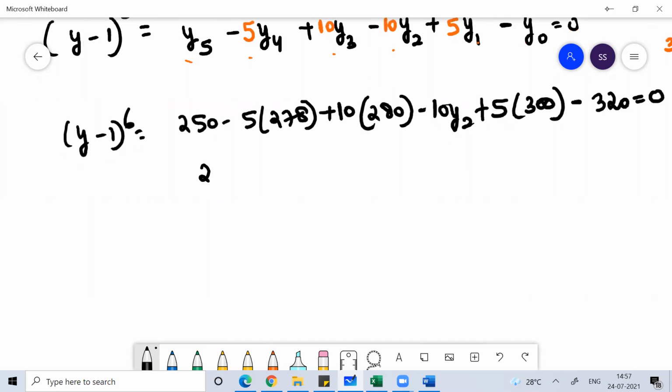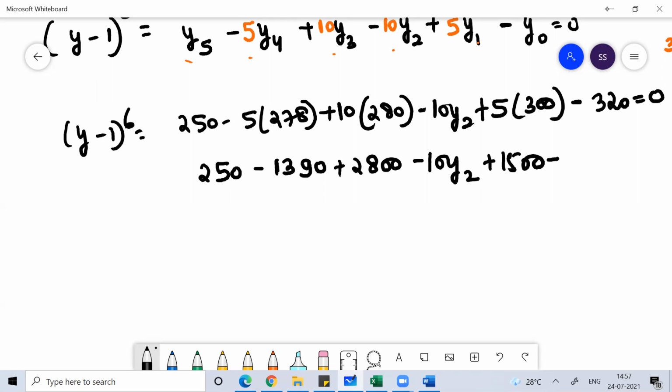So this is 250 minus 1390 plus 2800 minus 10 y2 plus 1500 minus 320 equal to 0.